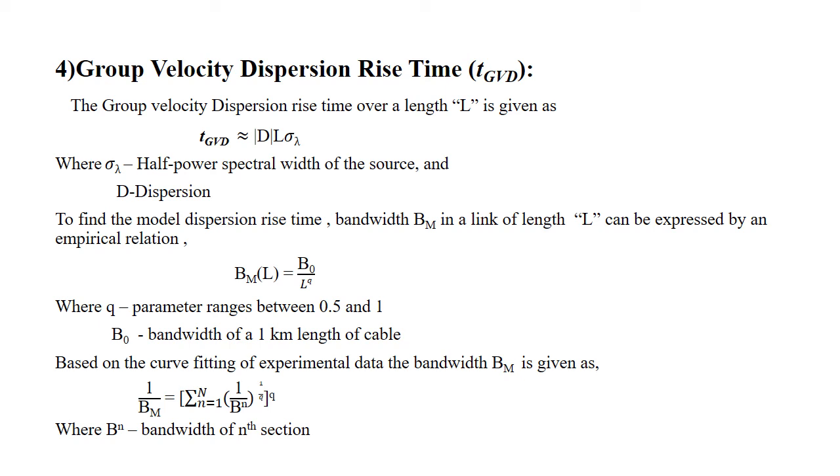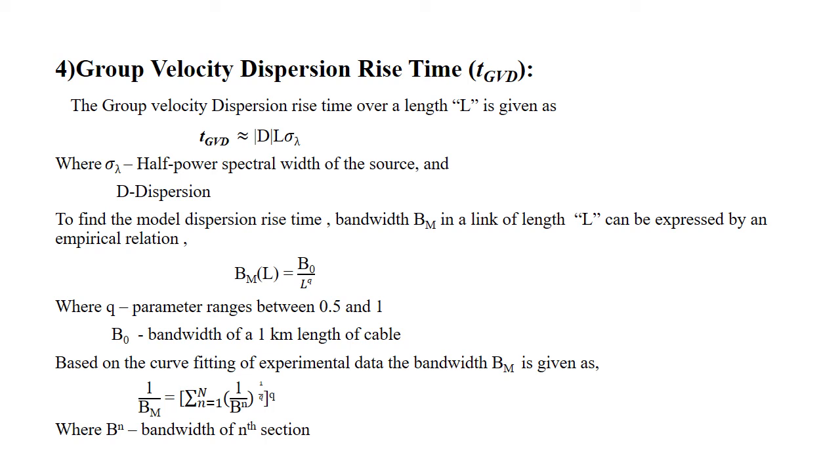So based on the curve fitting of experimental data, the bandwidth Bm is given as 1 by Bm is equal to summation n equal to 1 to N of 1 by Bn to the power 1 by q, the whole power q. So here Bn is the bandwidth of the nth section.